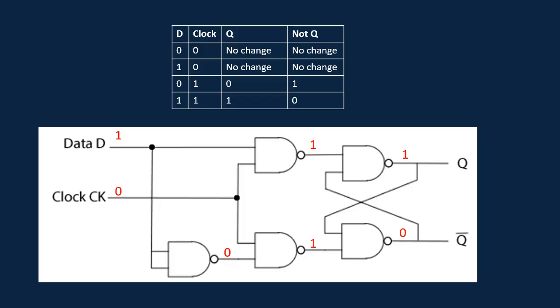Let's now have a look at if our clock value is now at 0. What happens here is, without going through the circuit in detail, what we end up with is no change, essentially, because we have 2 1s as the outputs of our 2 middle NAND gates here, and so therefore it's just going to stick with the same value of Q and not Q for our outputs.